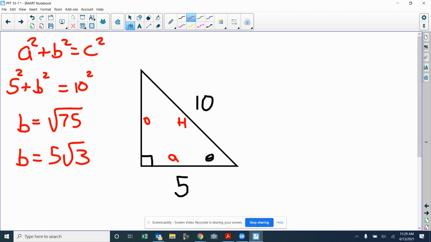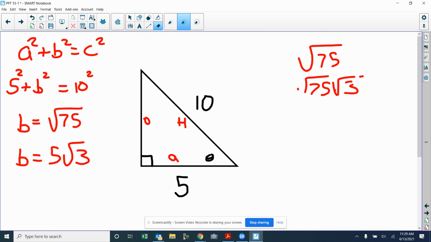Okay, so 75, what does it factor to? 25 times 3, right? Does that help you? What's the square root of 25? 5. Do we need to review simplifying radicals again? I hope not. Okay, now you're ready.